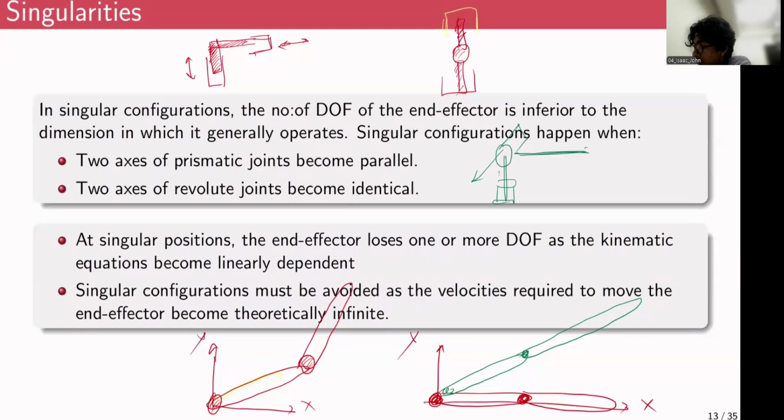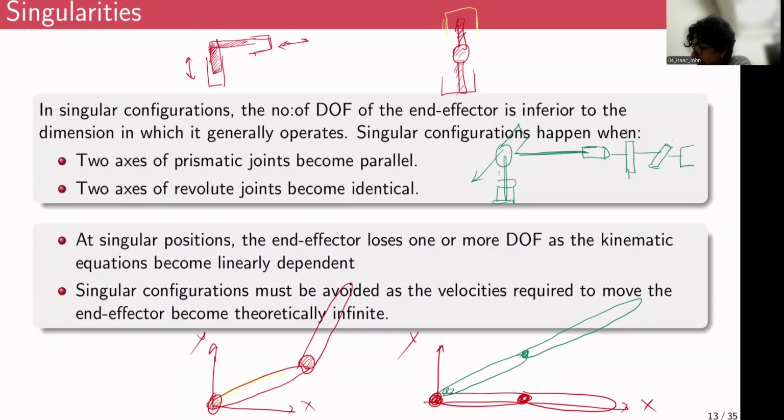Maybe you have a wrist in this direction, and then a wrist in this direction, vertically upward, and also a revolute joint perpendicular to the plane of the board.